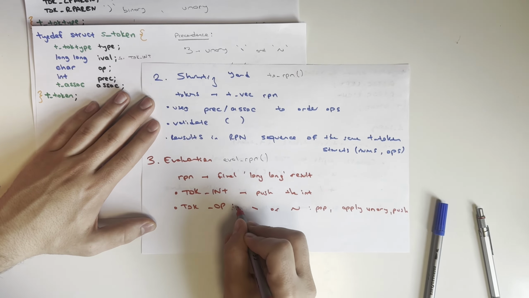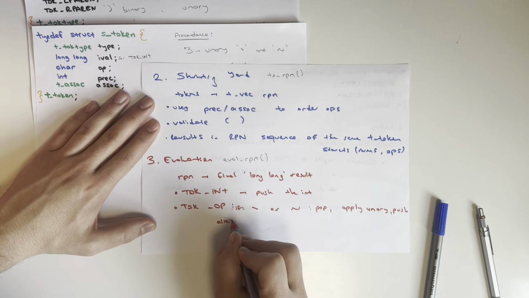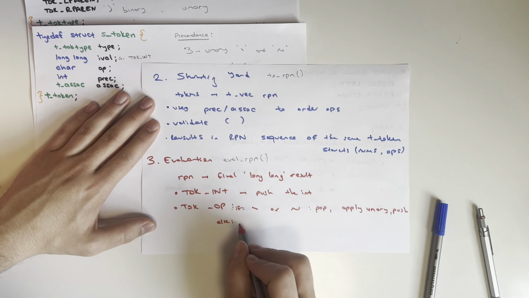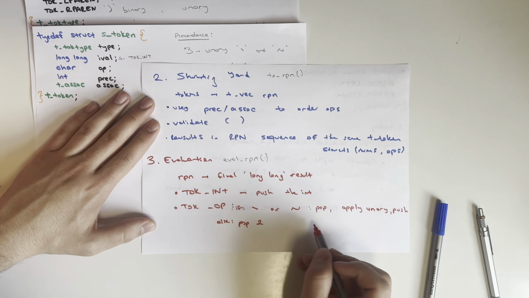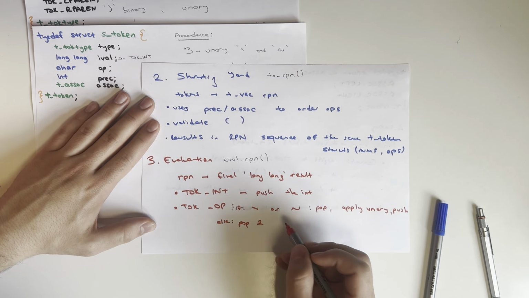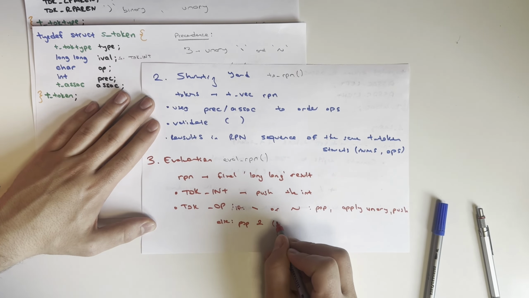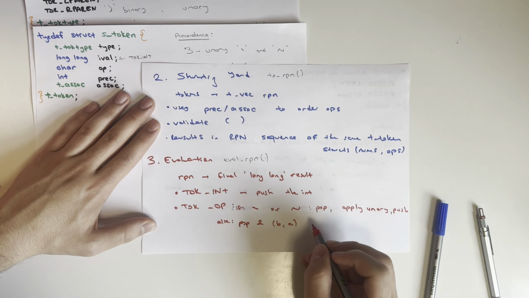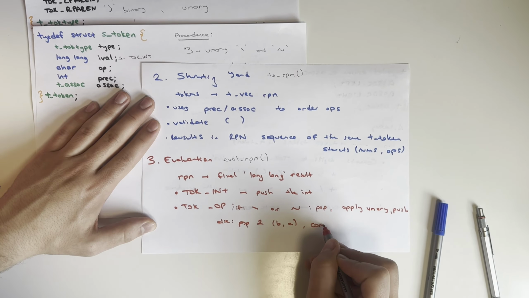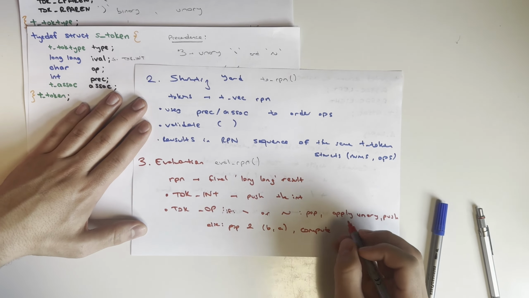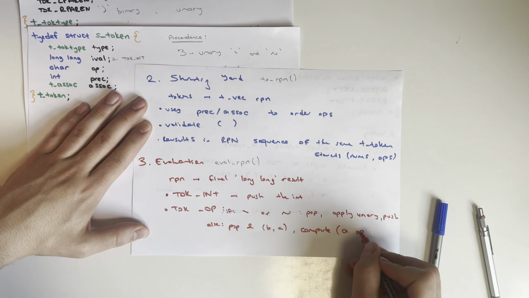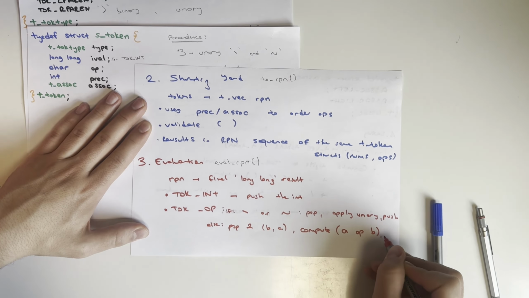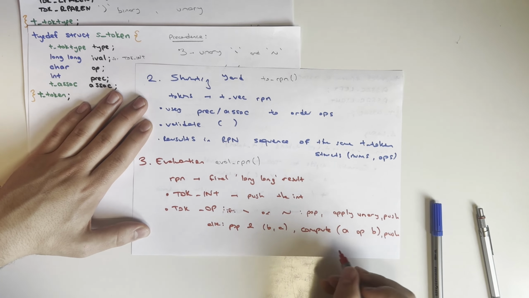Else we will pop 2, B then A, first right then left, then compute A operator B, then push.